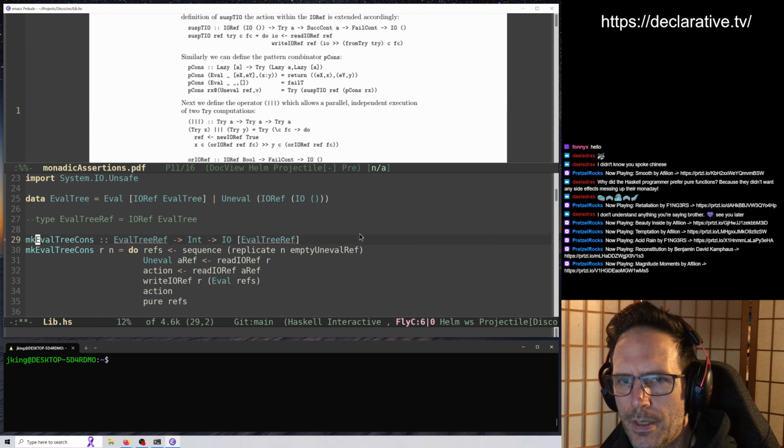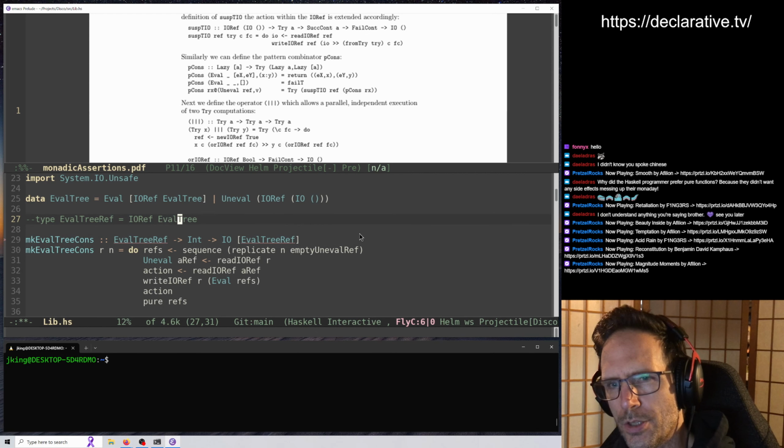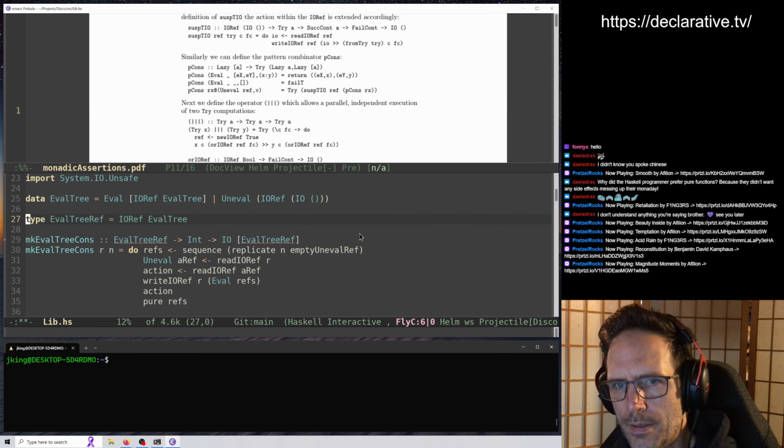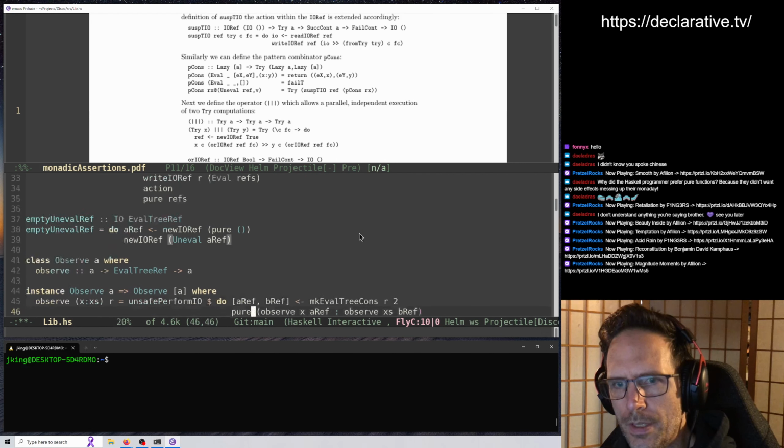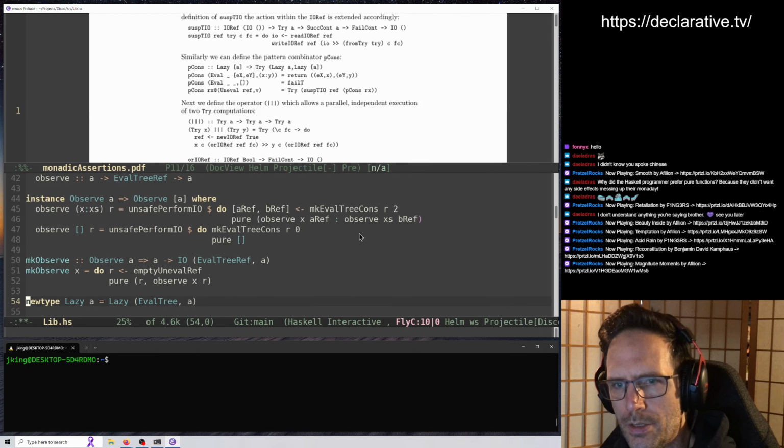We need the type alias because when we construct one, we got to initialize that IO ref, and it's kind of like a tree of these evaluations in these IO refs. Okay, so I think the definition of lazy, that means lazy should probably be an eval tree ref.